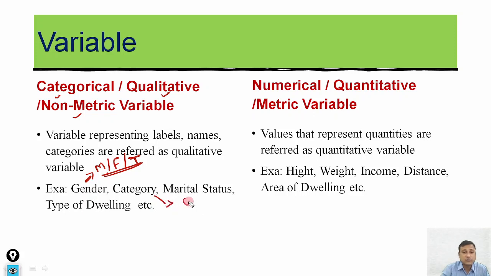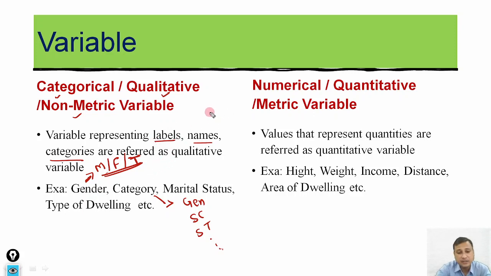There are different categories defined by the government: general category, SC, ST, and a few others. They are predetermined categories. So when there is a specific variable within which there are only labels or names or categories, then those variables will be known as categorical or qualitative or non-metric variables.